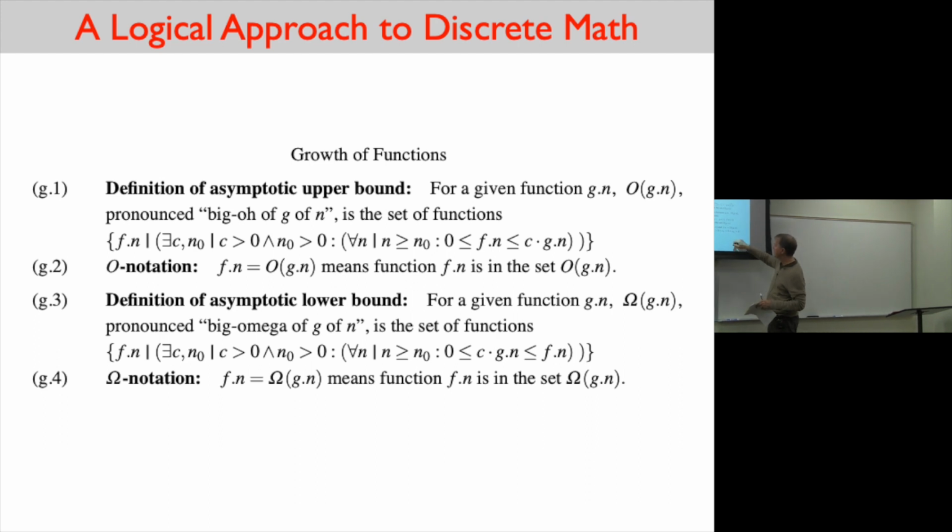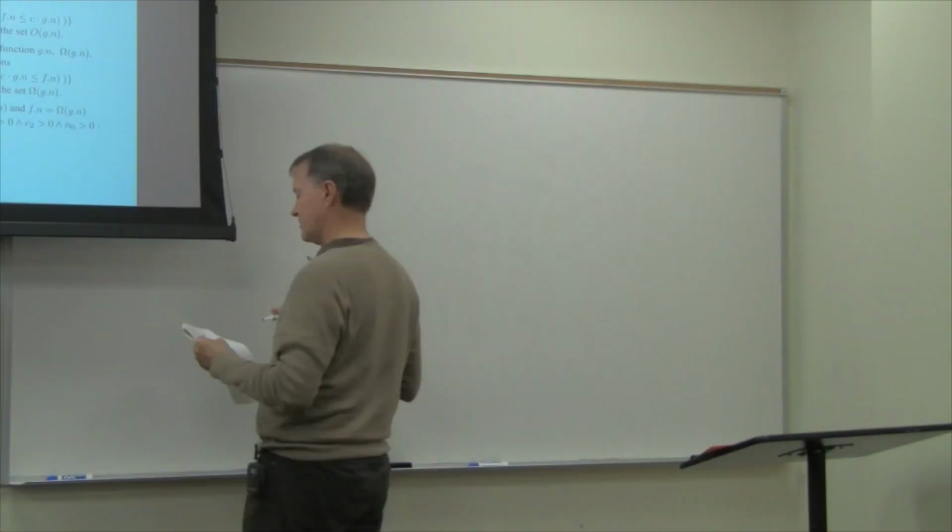Let me see. What's going on here? What's the difference? C times g of n, you just swap the inequality. Yeah, so that has the effect of doing what? Of making the bound lower, because the function is bigger, so the bound is lower, right? So now this is a lower bound.